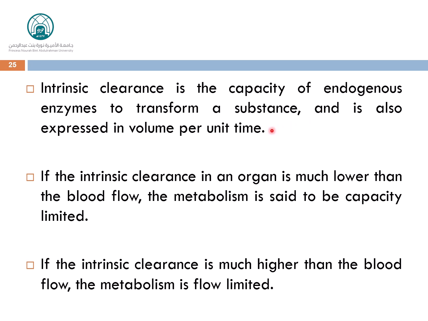If the intrinsic clearance in an organ is much lower than the blood flow, the metabolism is said to be capacity limited. So intrinsic clearance is the ability of the enzymes, say in the liver, to transform the drug into its metabolites, the metabolic pathway.